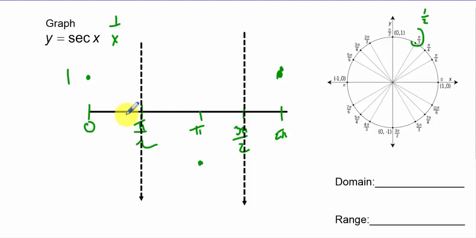Pi over 3 is roughly here-ish, and that's 2, so it's going to be somewhere here. Basically, it's going to go up this way. And then I go over to this side, and here's my negative half. And that's down here-ish. So it's -2.